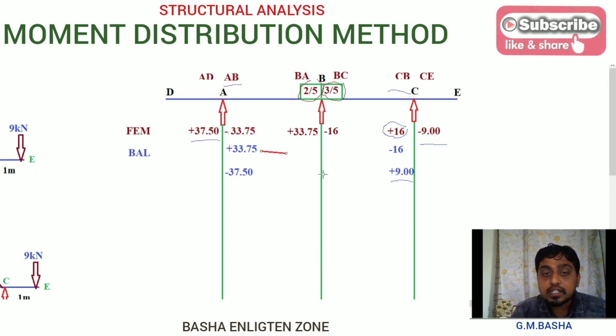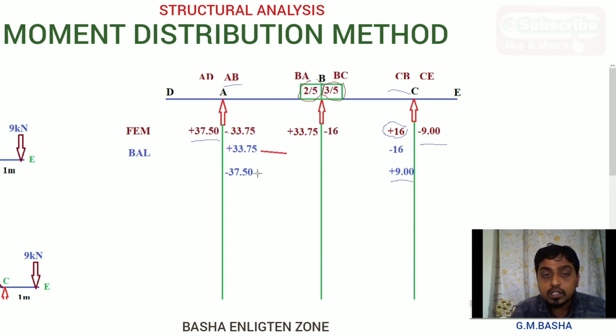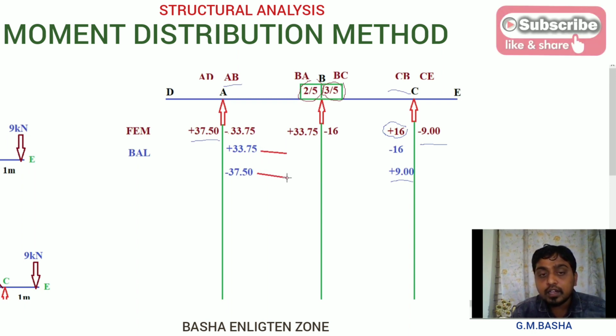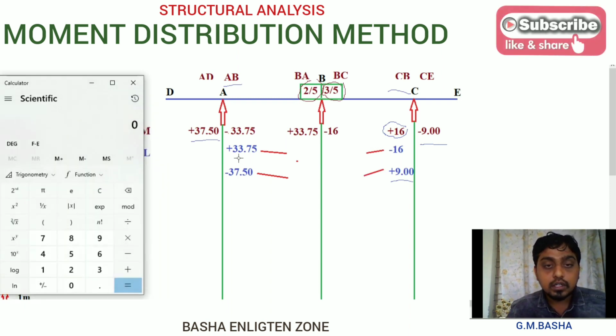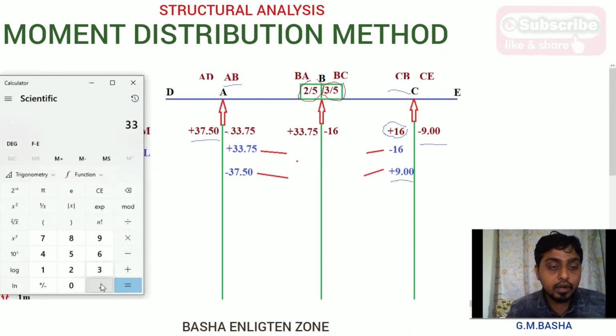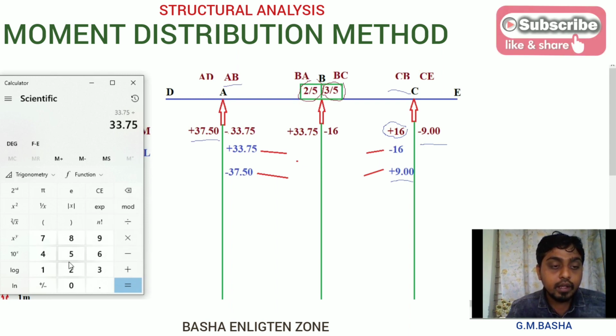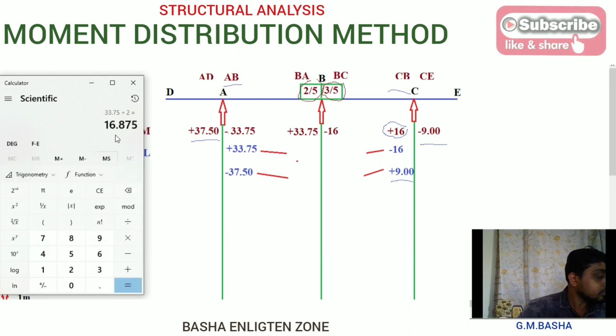So that is plus 33.75 divided by 2. Similarly, I am carrying half of this moment, that is minus 37.50 divided by 2. Again, I am carrying half of the moment, carry over. Again, here I am carrying half of the moment. See here, simplify the values. 33.75 divided by 2 is 16.875.